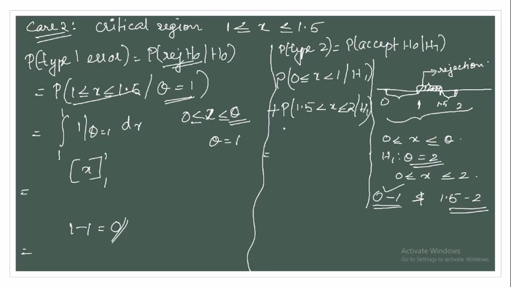So this is your acceptance region. Now how will you write this in terms of integration? Since this is H1, it is the integral from 0 to 1 of f of x dx, plus the integral from 1.5 to 2 of f of x dx.